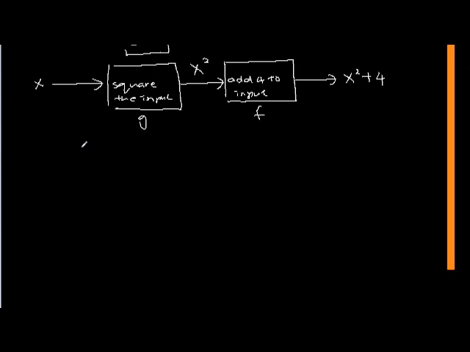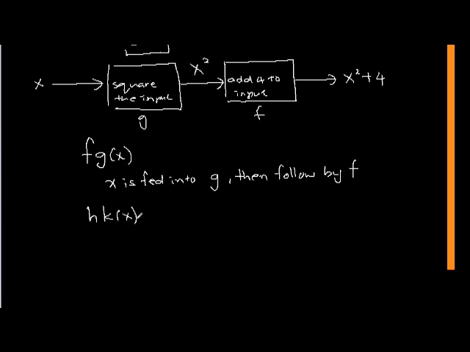For instance, when we see f(g(x)), this means a composite function where x is fed into g, then followed by f. Let's say h(k(x)).